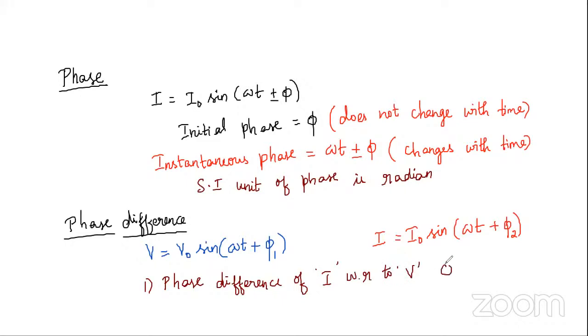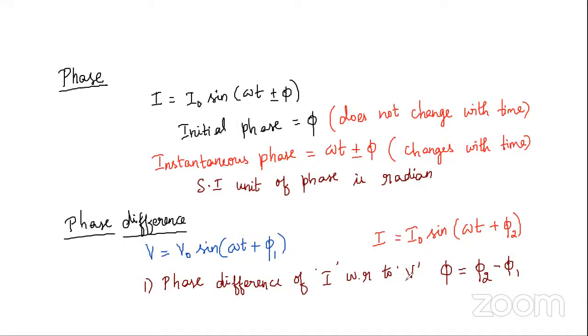So that is given by phi is equal to phi 2 minus phi 1. Here the phase difference of current with respect to voltage, that is phi equal to phi 2 minus phi 1. With respect to which quantity?